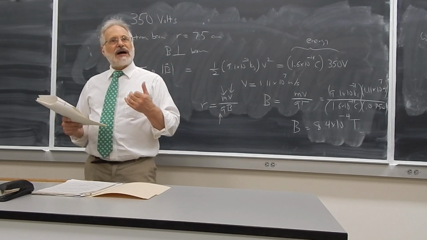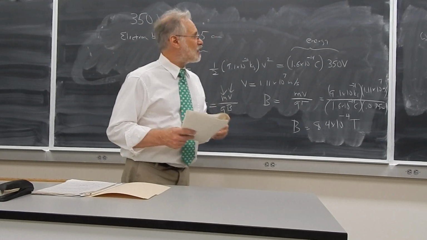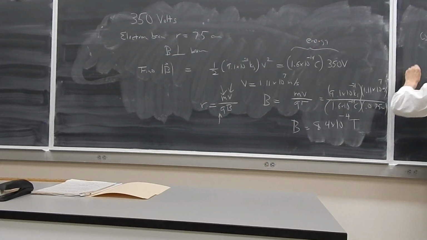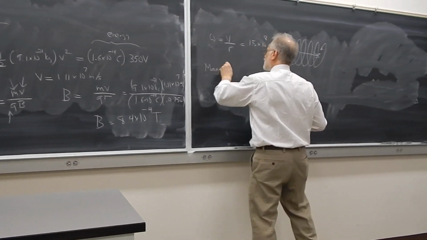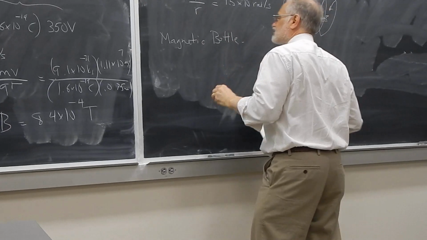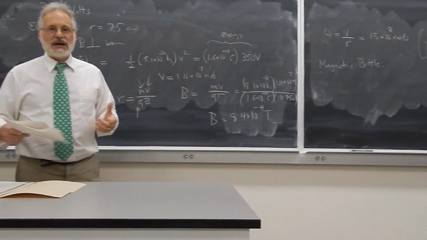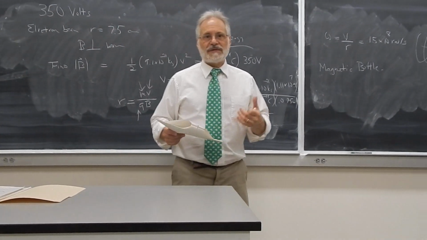But there are some techniques that are used to take advantage of this motion. One is called the magnetic bottle. The magnetic bottle uses non-uniform magnetic fields to try to confine charged particles. This is used in an effort to control fusion.